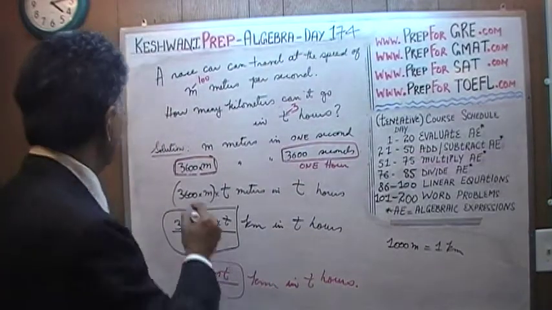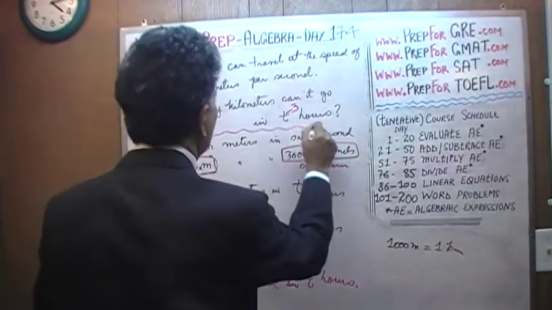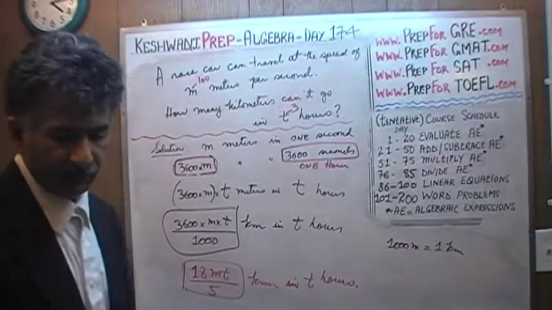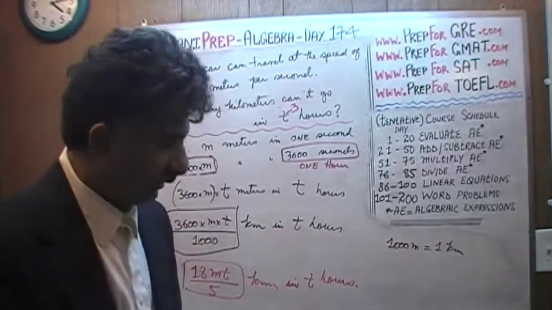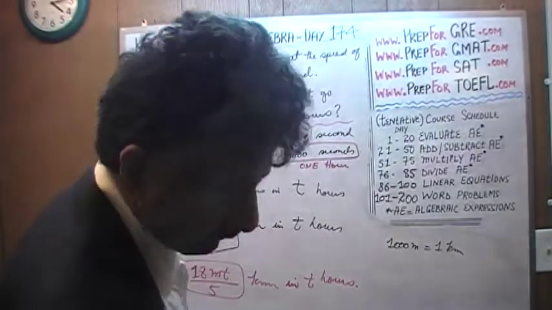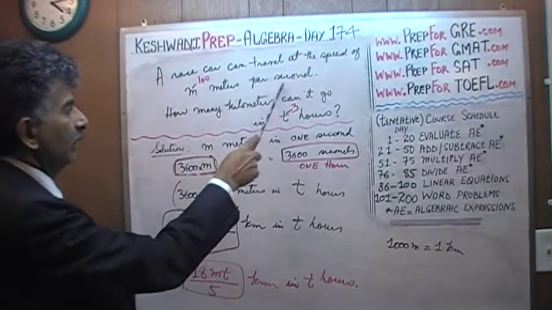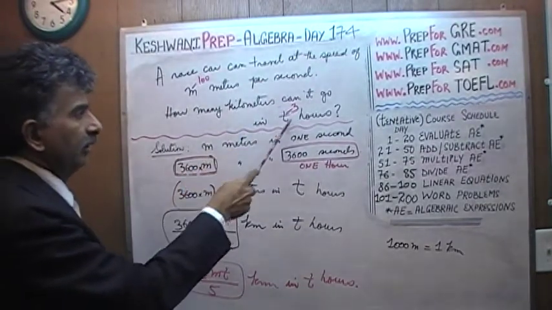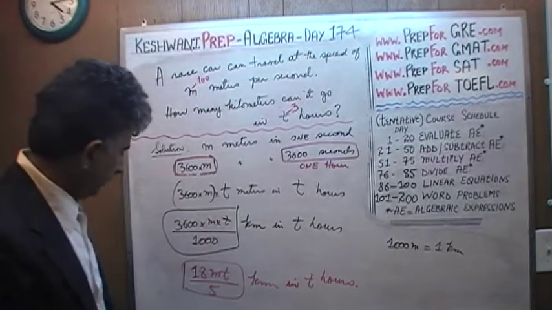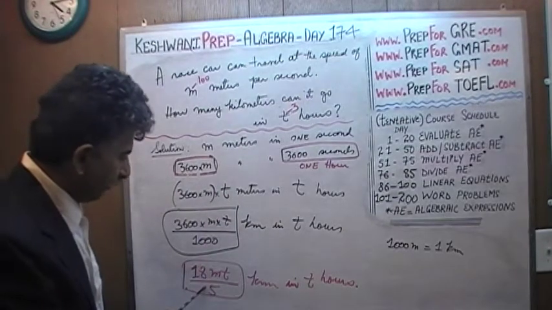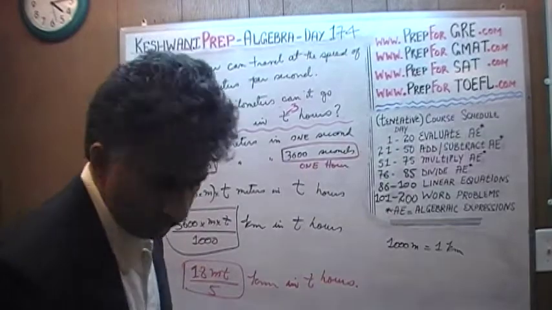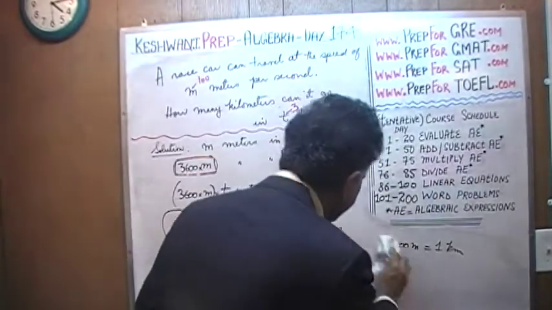So now it is an arithmetic problem. It is no longer an algebra problem. The question simply is, if the guy is traveling at the speed of 100 meters per second, how many kilometers will he travel in 3 hours? That's all. And we already know what the answer is. I'm going to put down this answer on the side here to get it out of the way.